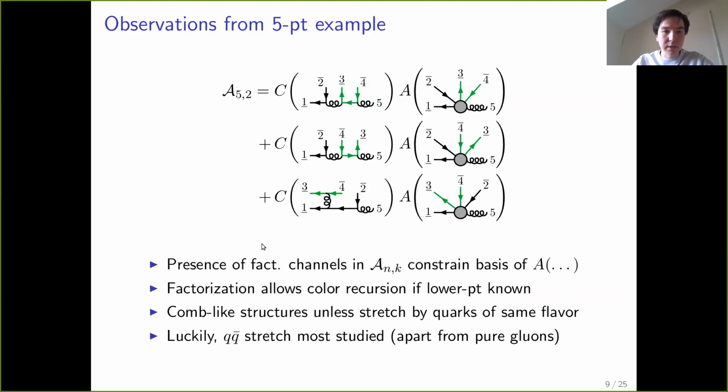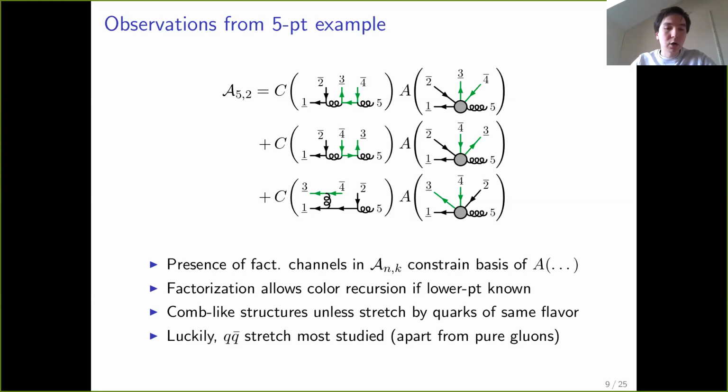And the observations that turn out to be general are, first of all, just the presence of factorization channels allows us to constrain the basis for color ordered amplitudes. Then the factorization also allows color recursion, assuming that we know the lower point color decompositions, which we knew in this case.